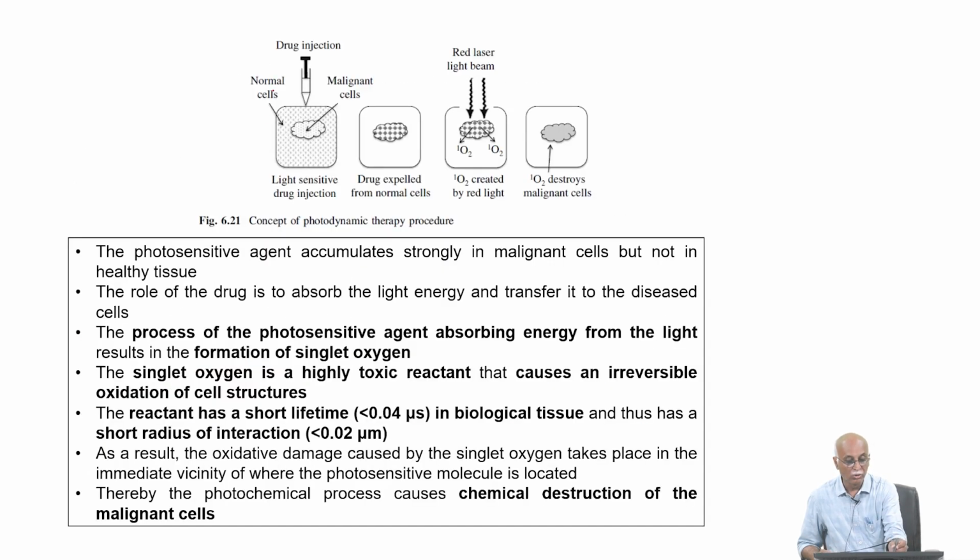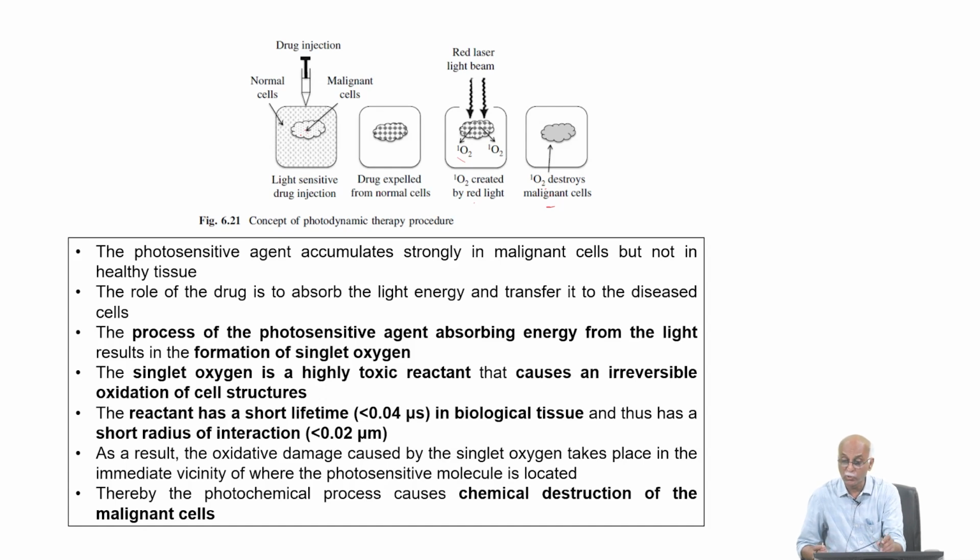So, we inject the drug, malignant cells absorb it while normal cells reject it. Then the drug is exposed to the red light, which produces singlet oxygen molecules, and they destroy the malignant tissue. So, that's the idea.